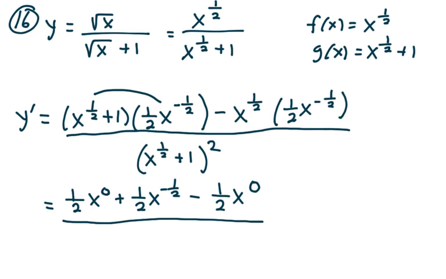I'm going to divide by x to the 1/2 plus 1 to the second. But I want you to notice something. The first term and the third term are like terms. They cancel because 1/2 x to the 0 minus 1/2 x to the 0 is 0.